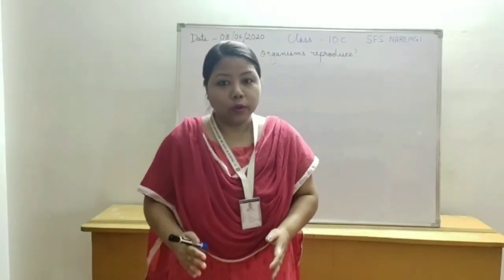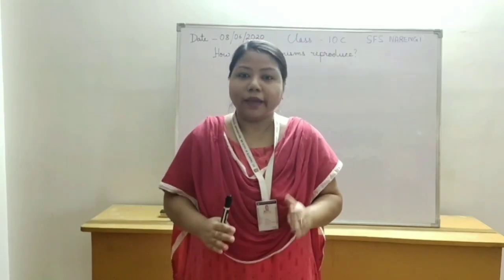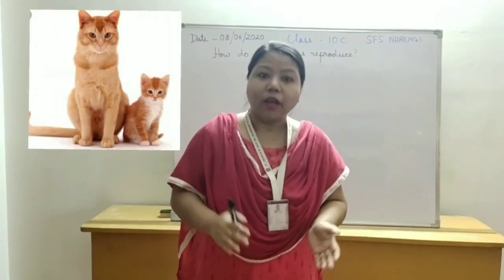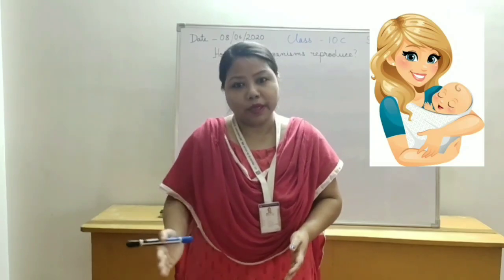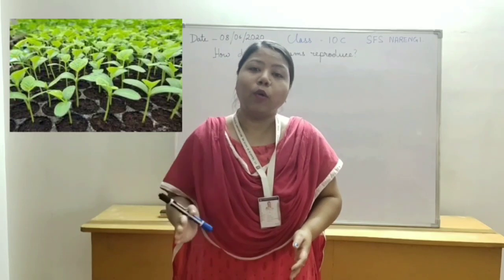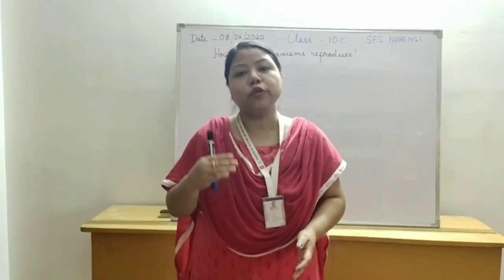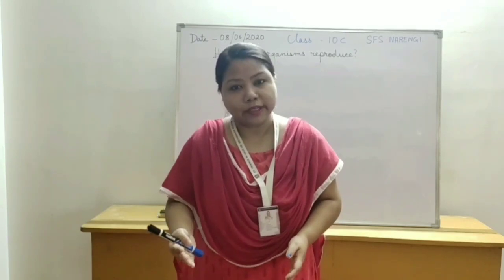Children, we all know that a dog produces a puppy, a cat produces a kitten, a human produces a human baby, and even plants produce their own kind. All the living organisms on earth are able to produce their own kind.